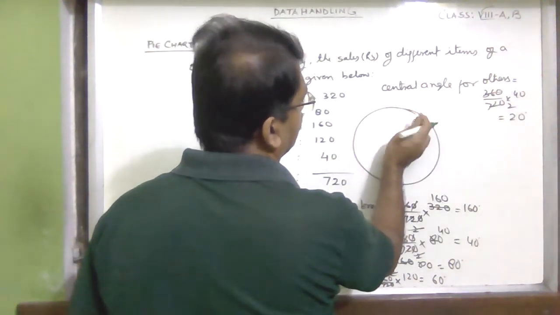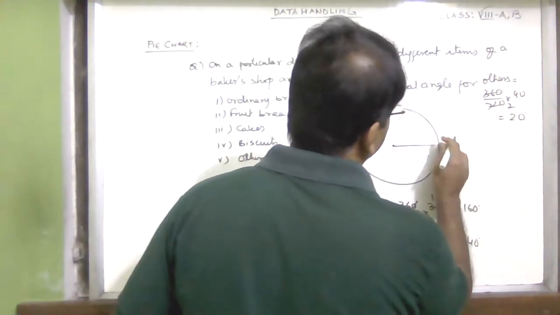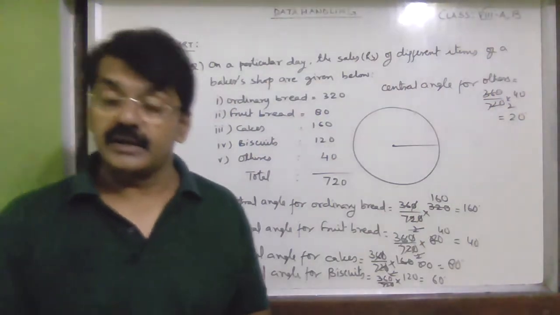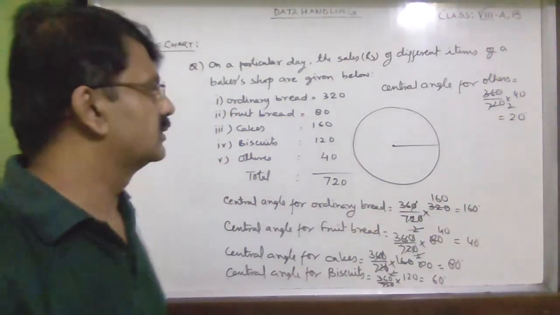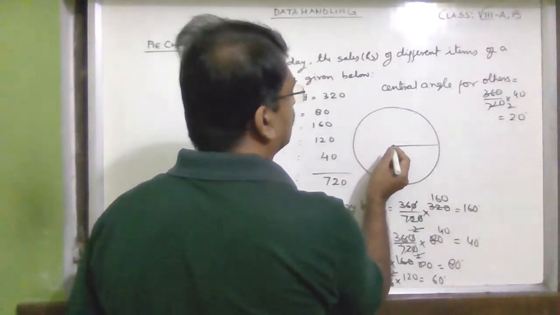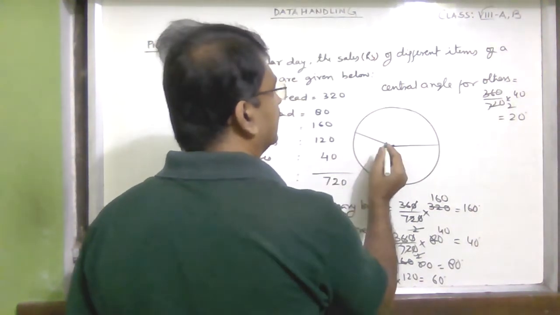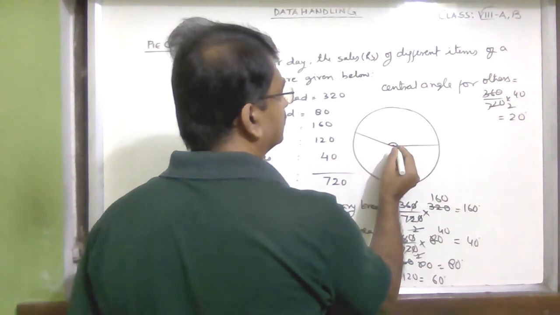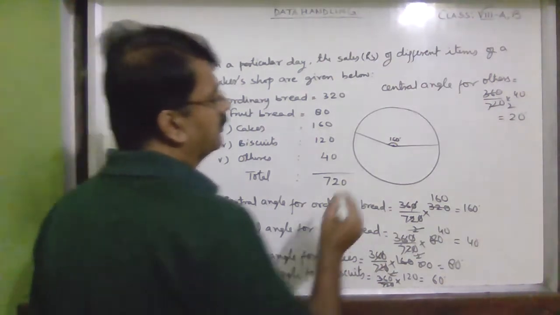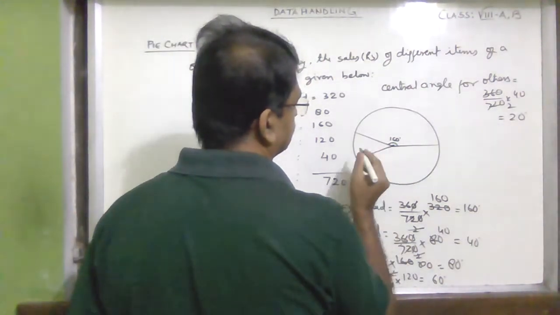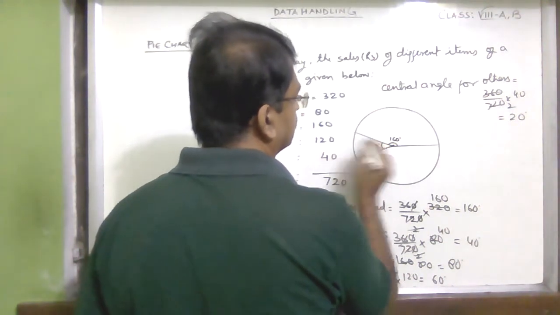using a compass and then draw one of its radius like this. Now using your protractor, first angle is 160. So from here you will draw 160, which is almost like this. This angle will be 160 degrees. Now the next angle is 40. From this line, the angle should be 40 degrees.